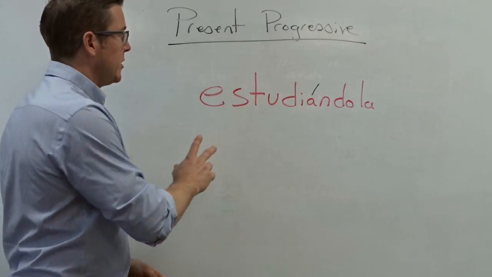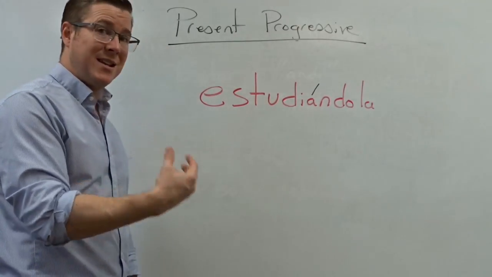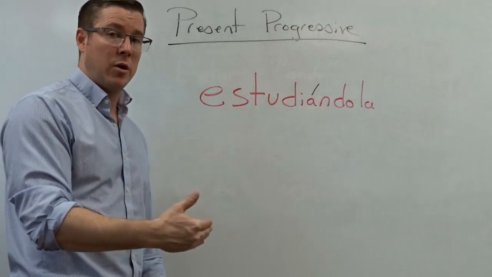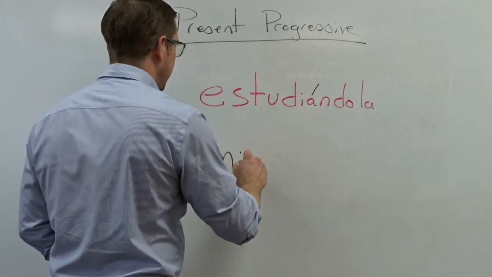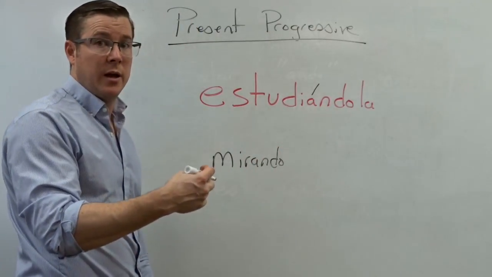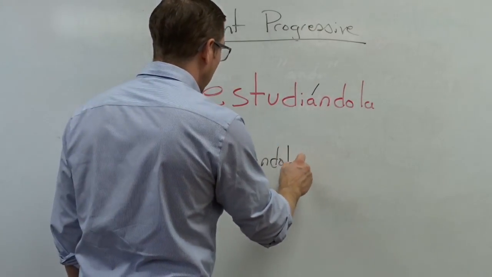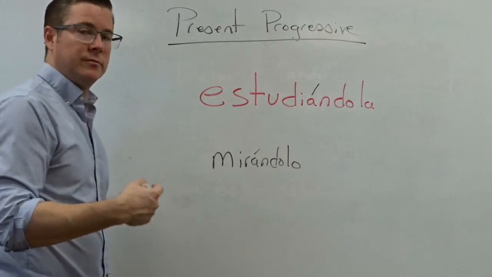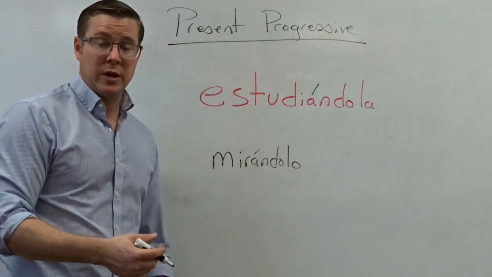So remember, when you're using the present progressive and you add that extra syllable, you have to maintain the stress on the original participle. I wanted to say, mirando, estoy mirando el video, mirándolo, mirándolo. I want to keep that stress in the original place.